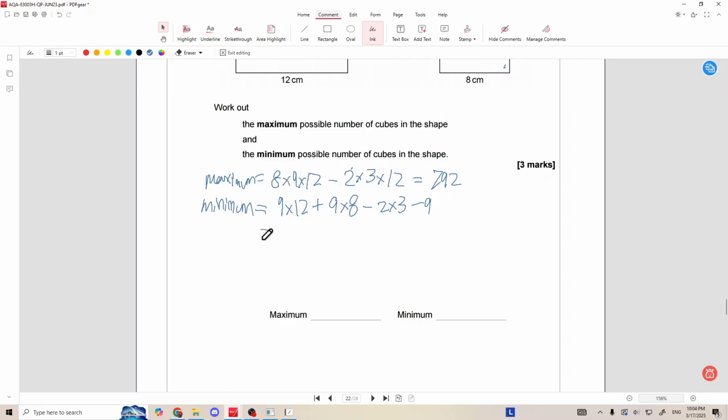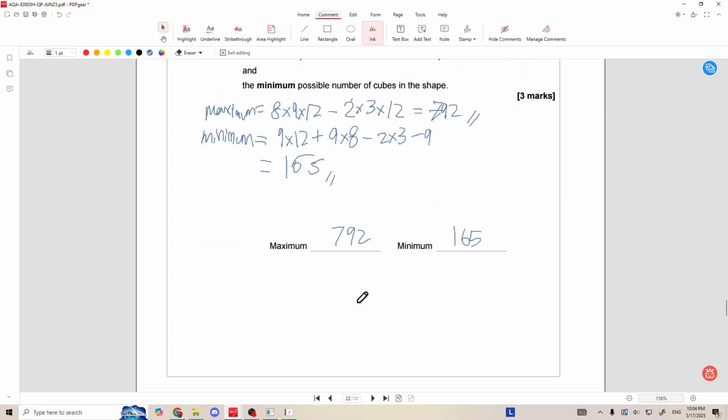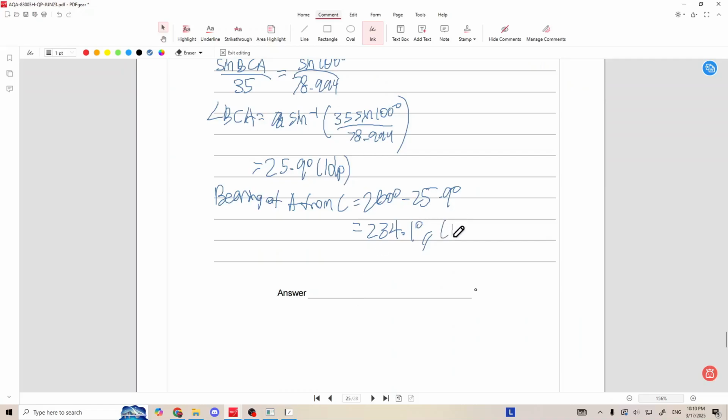That's the thinking behind it anyway. So it's 165, that's the minimum.